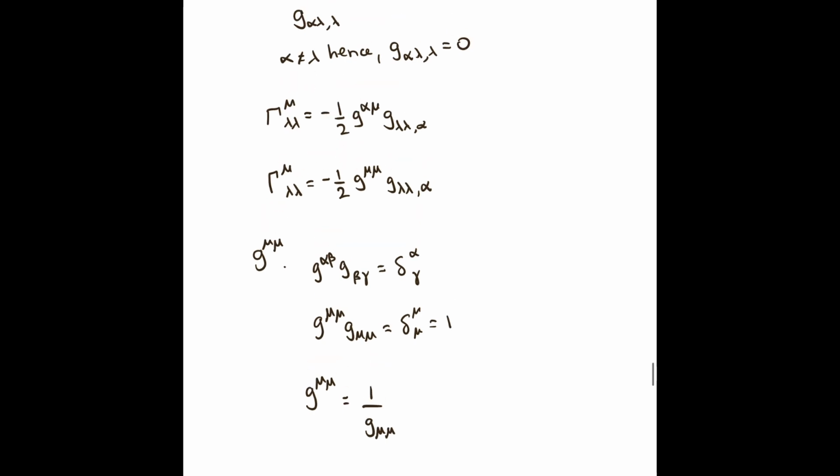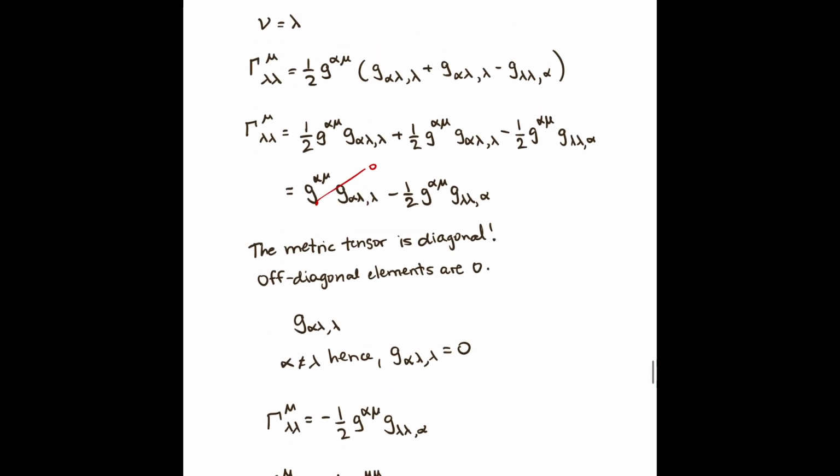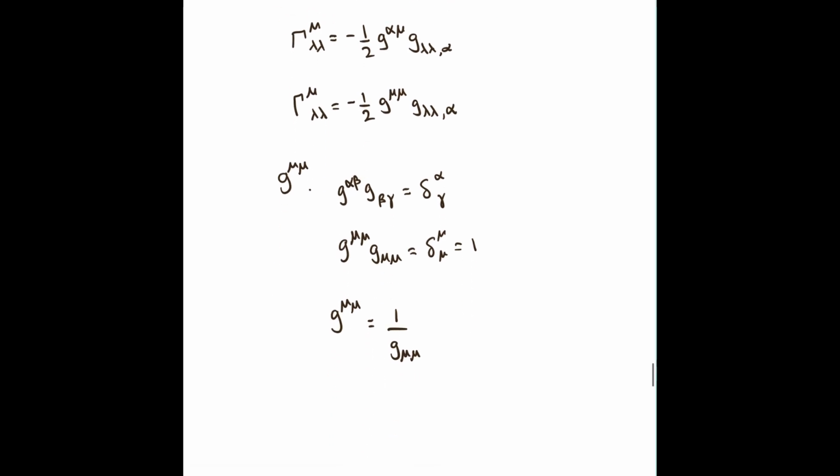So if we change all the indices to μ, so we'll have α equals μ, β equals μ, and γ equals μ, then we just get δ^μ_μ, which of course is 1. Now we can solve for g^μμ, which is just going to be 1 over g_μμ. And we can plug this into our equation.